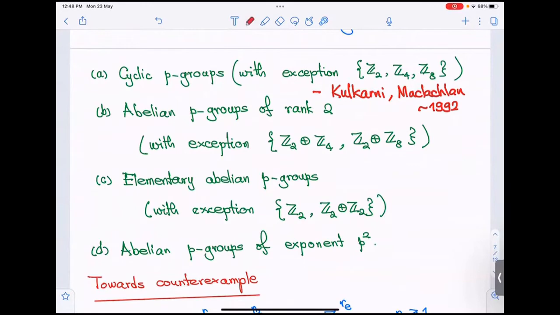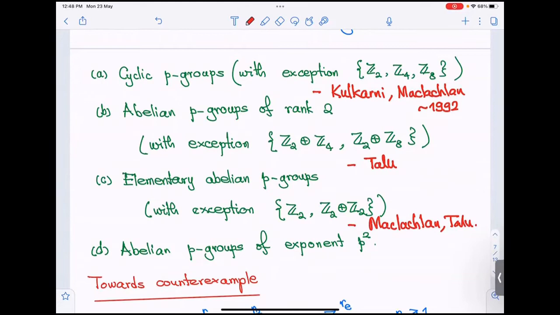So again, let me just mention these works. This second one was due to Tau. And this one was Maclachlan and Tau. Okay, I don't remember the years these papers were published. The second one, Maclachlan and Tau, was Yasmin Tau's PhD thesis, where elementary abelian P groups were discussed.